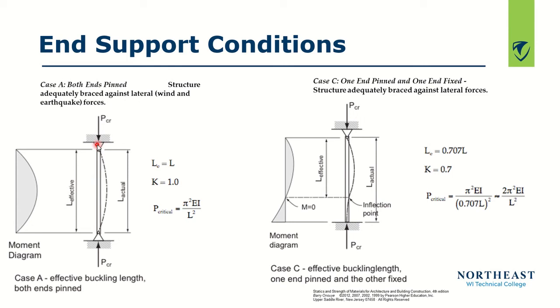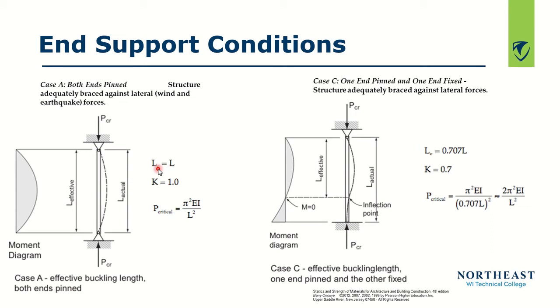We assume it's freely allowed to rotate, because remember, a pin reaction has only a horizontal reaction here, so it's free to rotate. Because of that, the effective length is actually the total length.